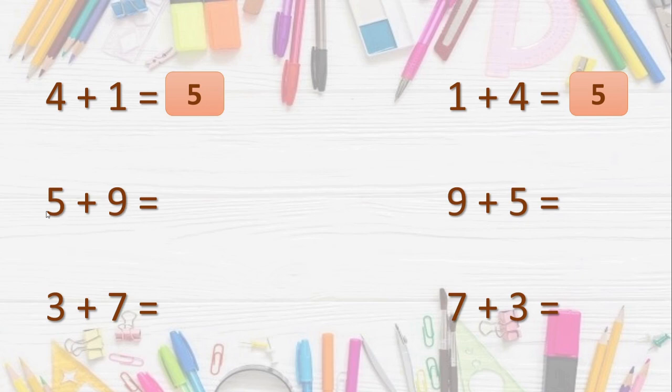So we will go for any one sum. 9 is a big number we will keep in our mind and 5 fingers we will take. 9, then comes 10, 11, 12, 13 and 14. We got the answer 14 for both the sums.